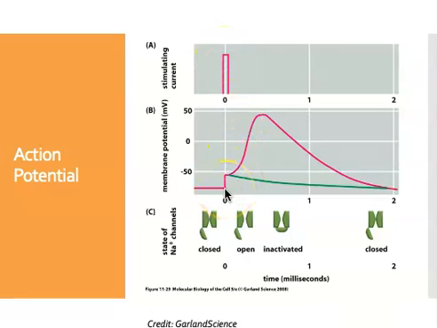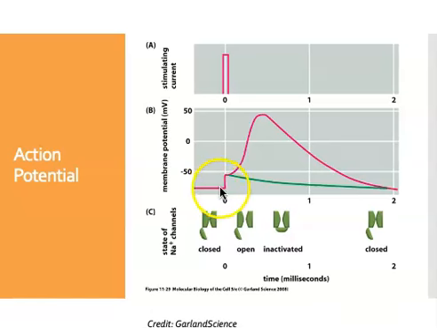What happens is the membrane potential becomes suddenly a little bit less negative. It goes up, up, up, until it hits a critical point that we call the threshold potential. And then what happens at that threshold is the sodium channels open up.